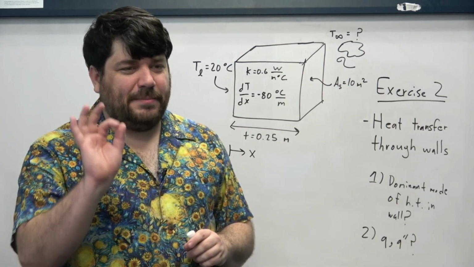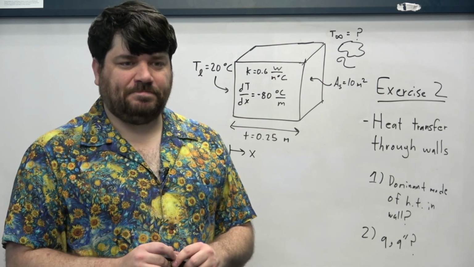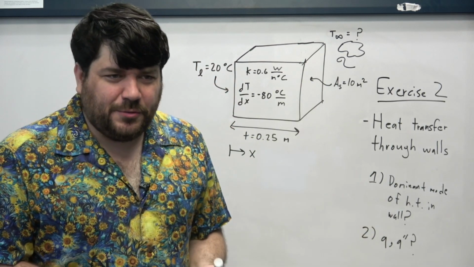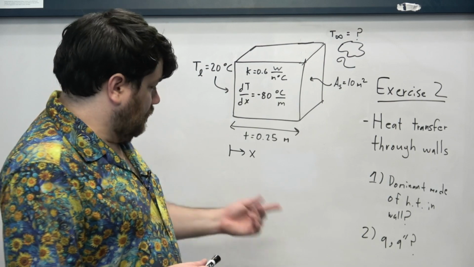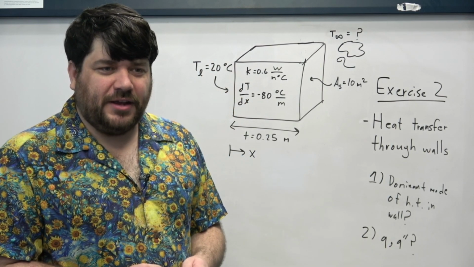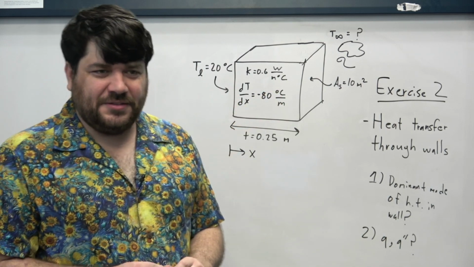Inside of the wall, what's happening is just conduction. Okay, so that answers that question. The other question that we have to tackle is, what are the heat transfer rates and heat fluxes that are happening inside of this wall?